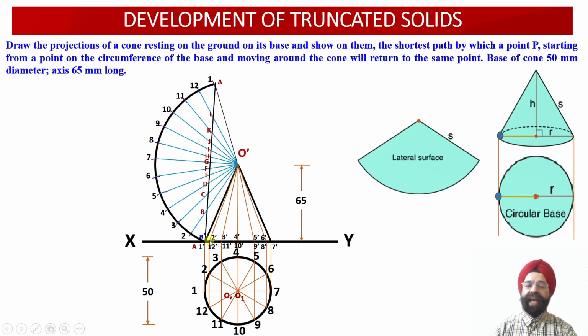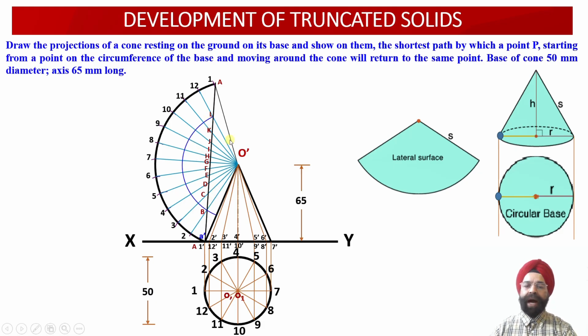Now we observe that the slant generator O2 in the development has been intersected at the point B, and the O12 generator has been intersected by the string at the point L. And we observe that the distance of point L from point O and the distance of point B from point O happen to be the same. So what are we going to do?